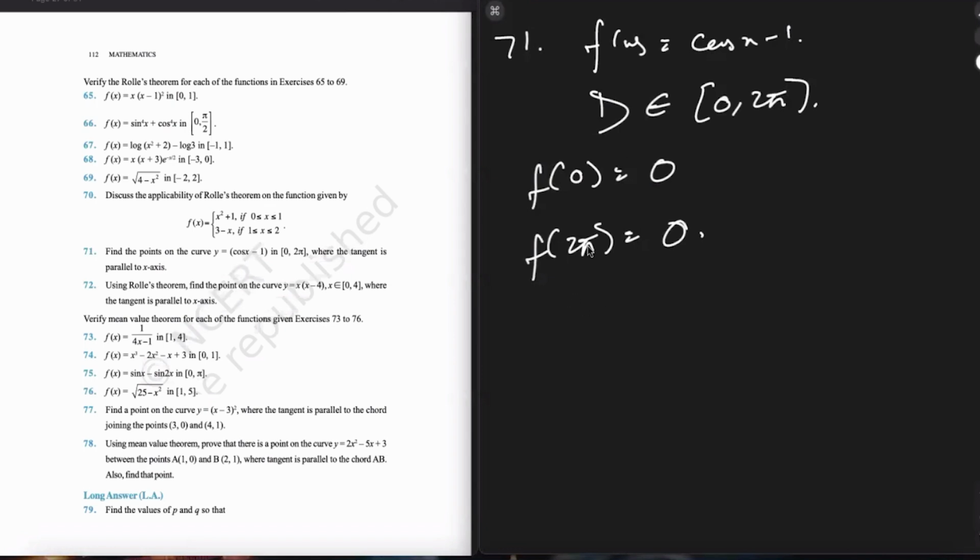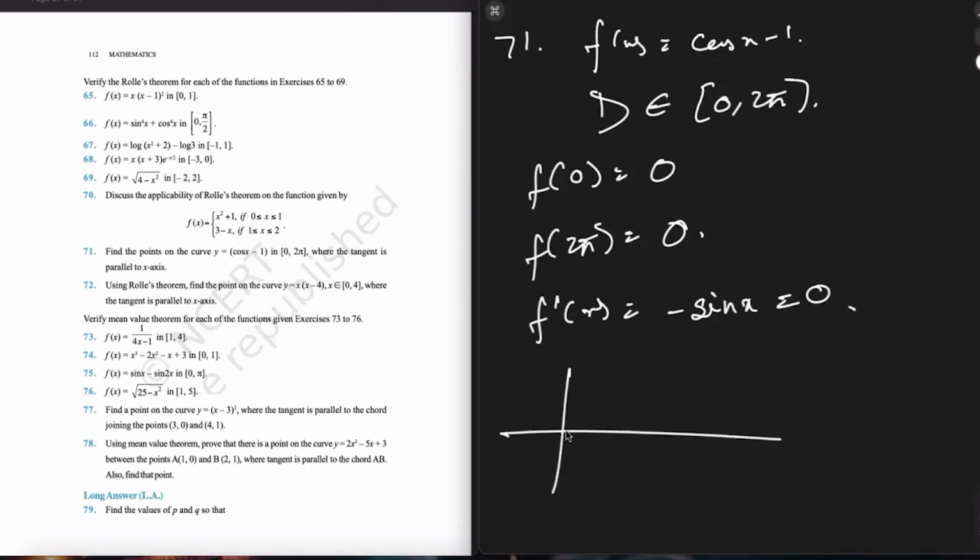Now, what should I do? I'll just differentiate it. Derivative of cos x is minus sin x. So wherever this is 0, that will be our point for c in this domain. So कहाँ पे sin 0 है? Draw the graph. At 0, pi by 2, pi, 3 pi by 2, 2 pi. So if 2 pi is included, 0, pi, 2 pi. These are the 3 points for c.